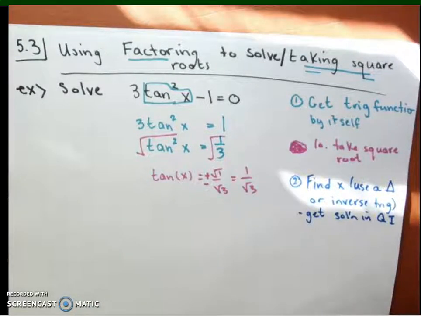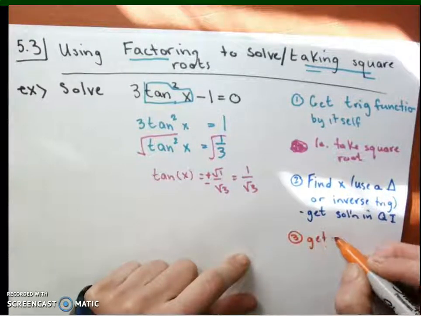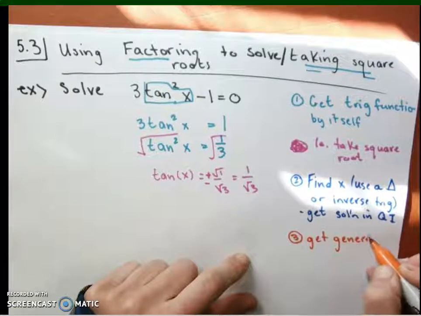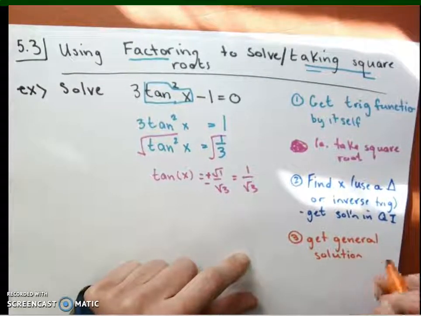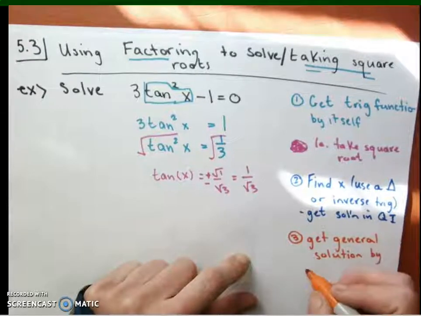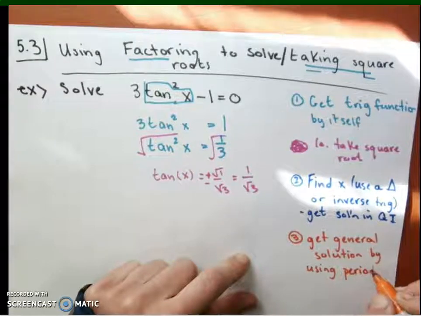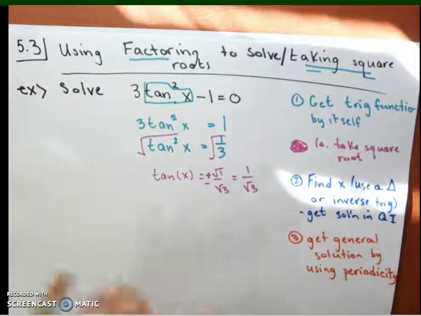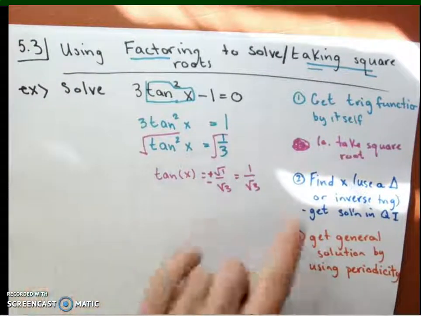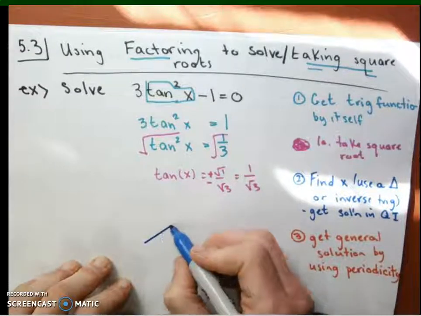And after that, I'll need to get my general solution by using the fact that trig functions are periodic. Periodicity is the word that means it is periodic. Okay, so let's work on this step, using a triangle to get at least one solution.